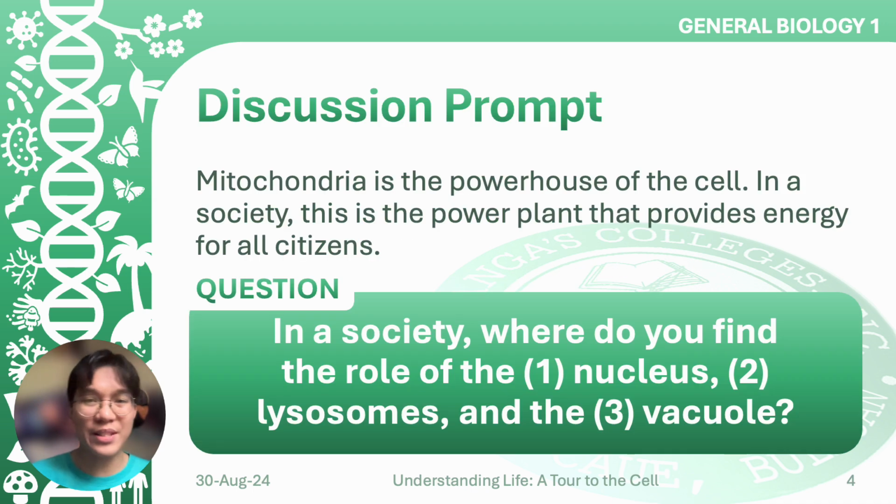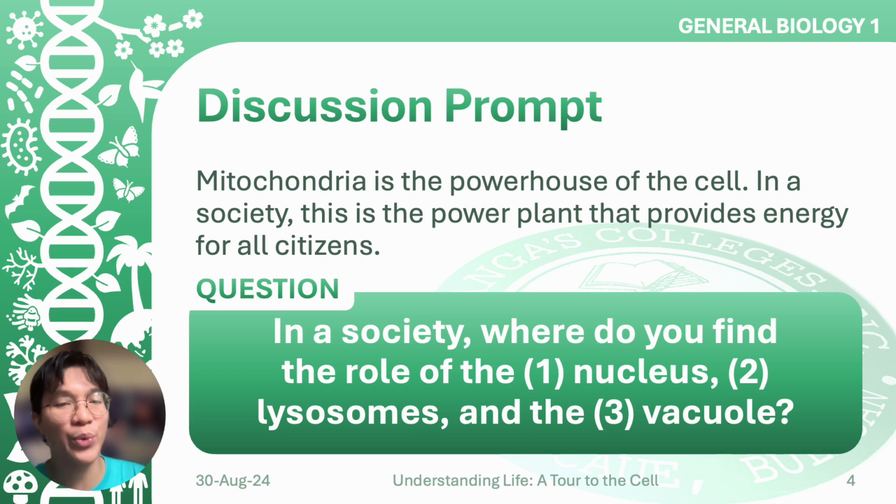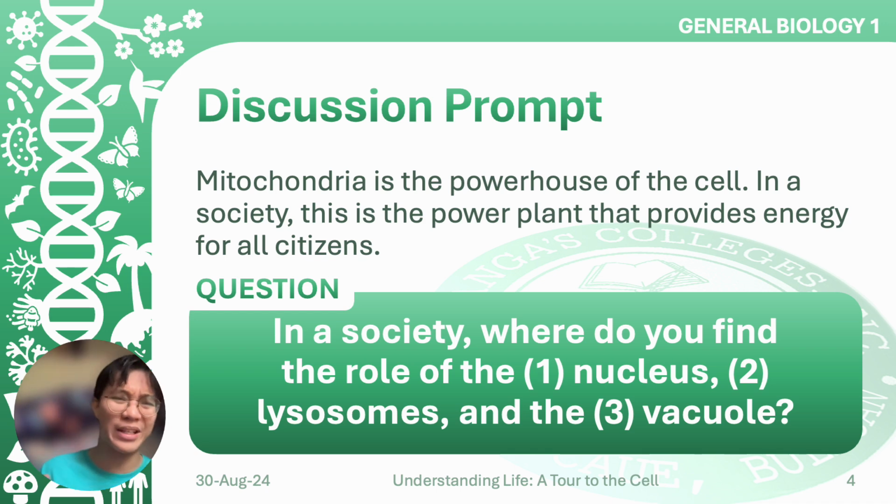So, in a society, where do you find the role of the nucleus, lysosomes, and the vacuole? This kind of question, I think, will help you make analogies of these structures found inside the cell with the things that are happening in society, because these things in the cell are not something you can actually look at in your daily life, right?